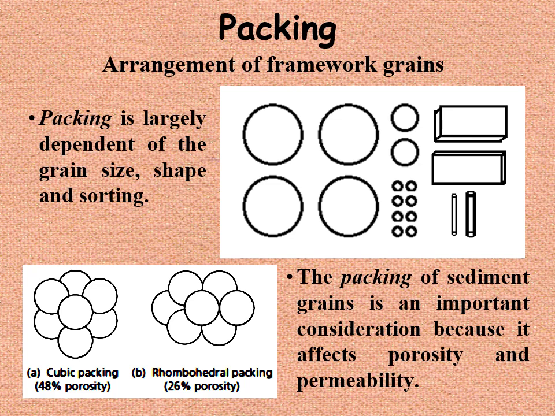This inclined rod-like grain does not allow the above grains to settle below it, so a large amount of empty space may remain below the rod-shaped grain. So alignment is also an important factor in determining the empty spaces within the grains.